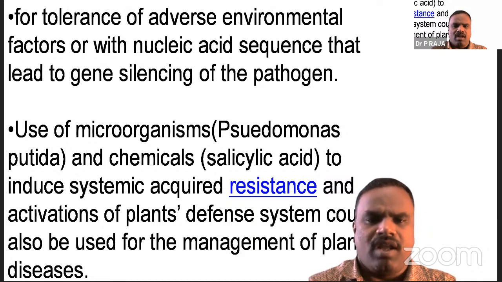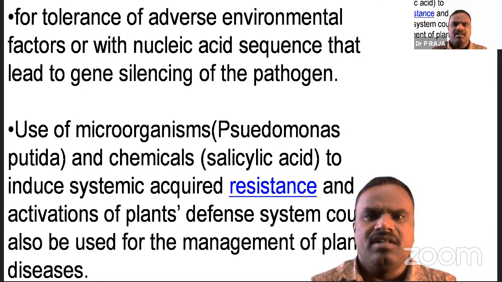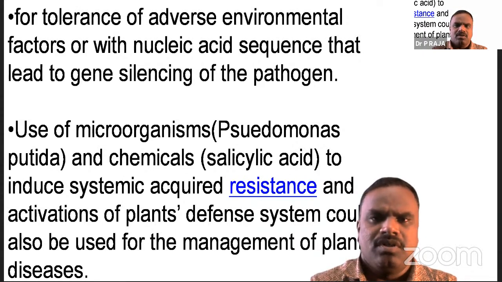Use of microorganisms like Pseudomonas putida and chemicals like salicylic acid to induce systemic acquired resistance. The use of microorganisms, as I said, Pseudomonas putida is a bacteria which can kill some of the other pathogens by producing some kind of toxic chemicals.